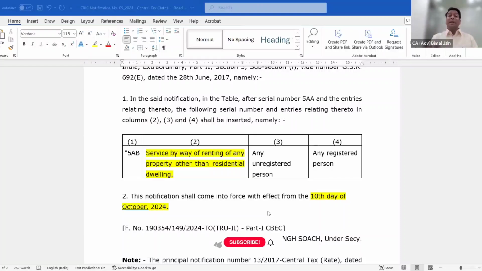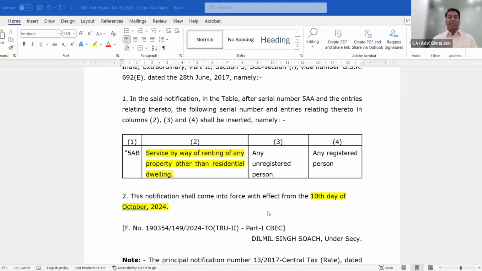We may be registered in GST. Let's say I'm a TDS deductor, so being a TDS deductor, I'm registered. I have taken property from an unregistered person, other than residential dwelling, with reverse charge going to be applicable. So this is the context which is coming out, and to my mind, it should not be applicable.